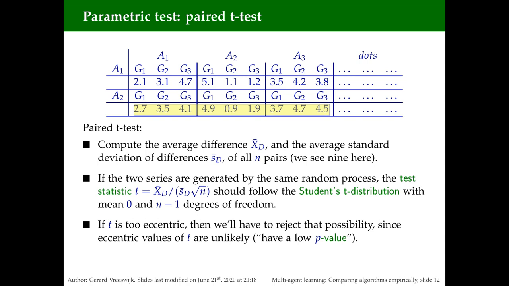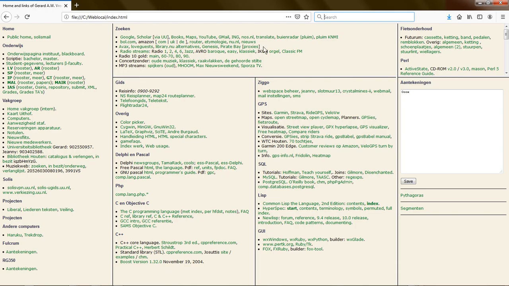There's something to be said about doing this for all couples, because the problem when you compare multiple pairs of algorithms is that you have to correct for unjustly discovering significance. Oh well, it's difficult to explain.